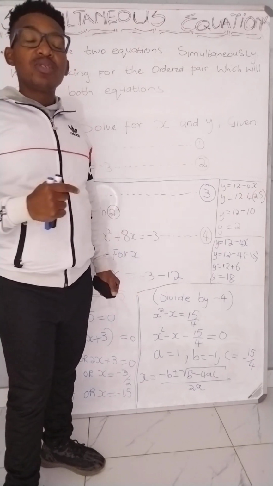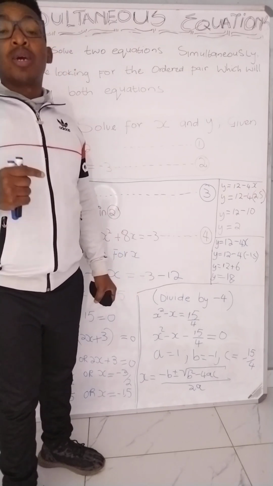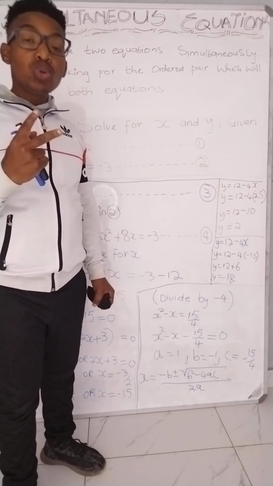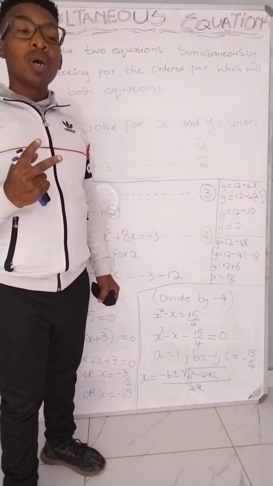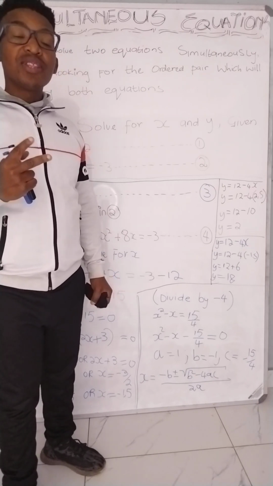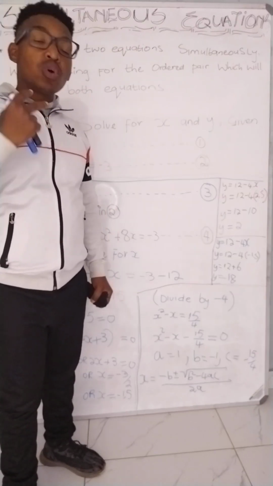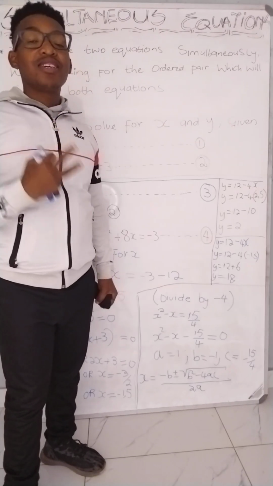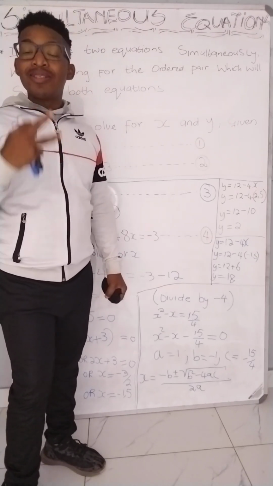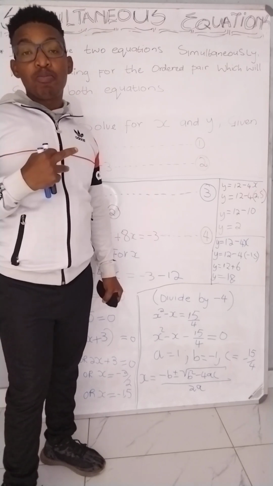They get confused by the fact that you are solving two equations at the same time, and not only that, you are solving for two variables at the same time as well. That confuses a lot of people.